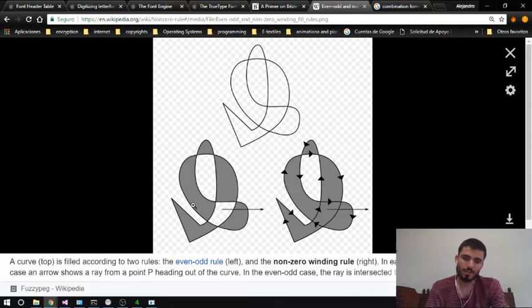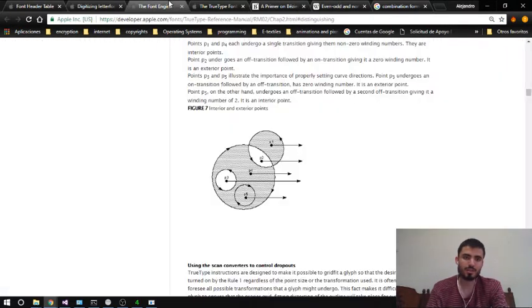If we were here, 1, 2, 3, 4, so it's outside, and this is 1, 2, 3, so it's inside. That's simpler, I guess.